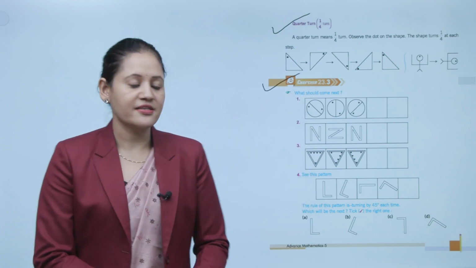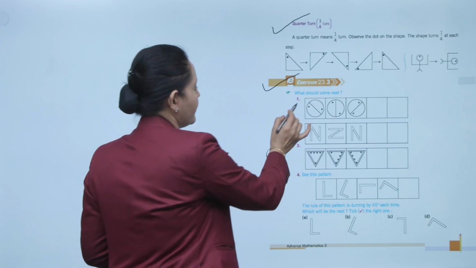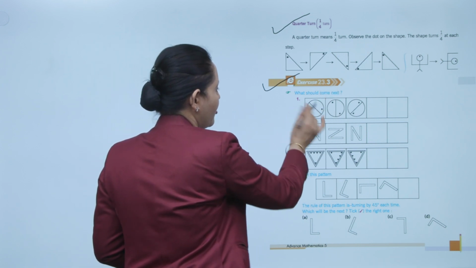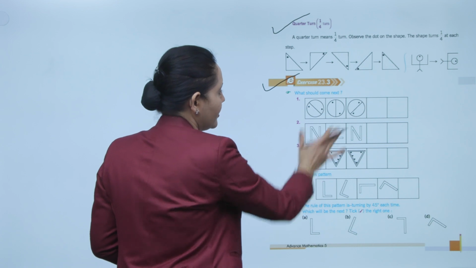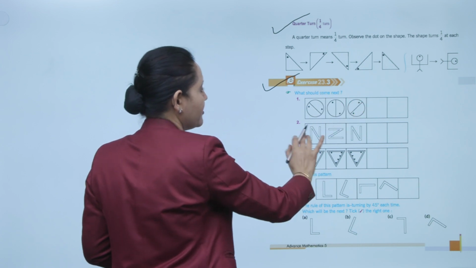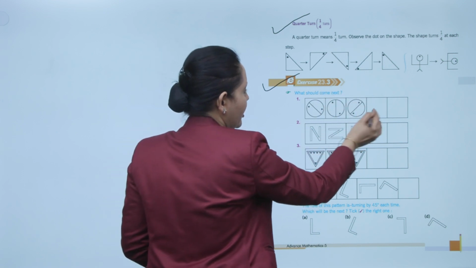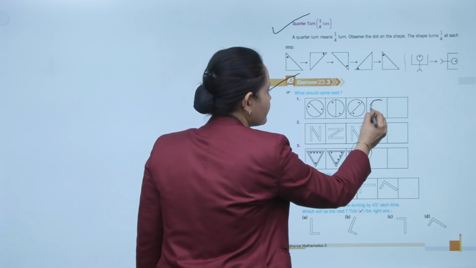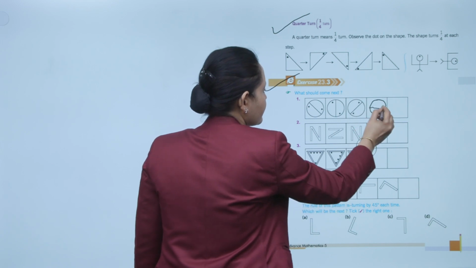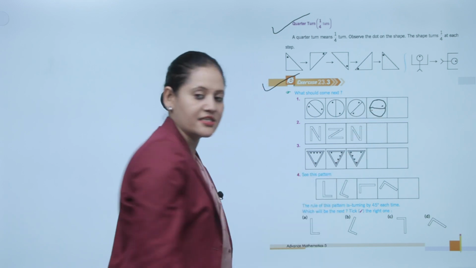Next is exercise 23.3. What should come next? Here, the dots were here. Now the line becomes straight, dots are here, then this turn, then like this slant, then 1/4, then 1/4. Now it will be like this.